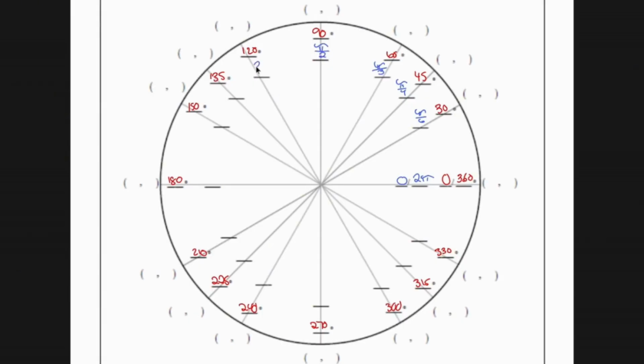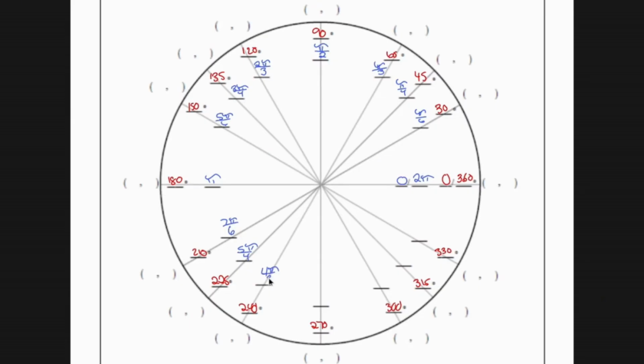This is going to be 2 pi over 3 because it's 2/3 of the way to pi. This is going to be 3 pi over 4 because it's 3/4 on the way to pi, and then 5 pi over 6 for those same reasons. Here's my pi, and these guys are just adding 1 to all of these. So you have 7 pi over 6, 5 pi over 4, 4 pi over 3.